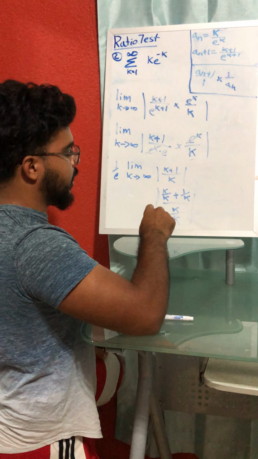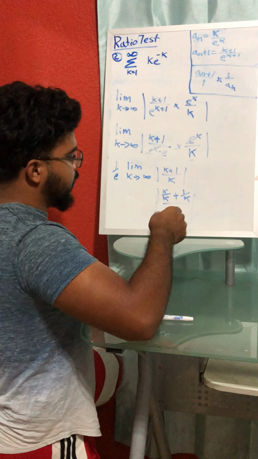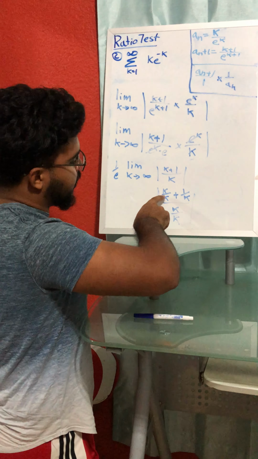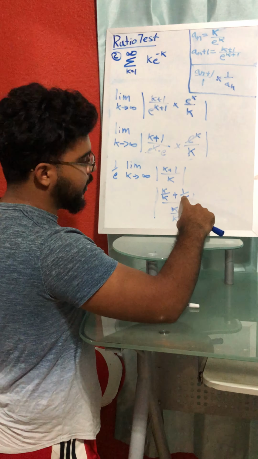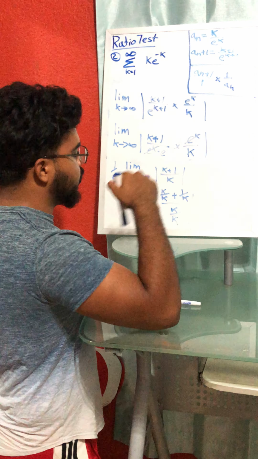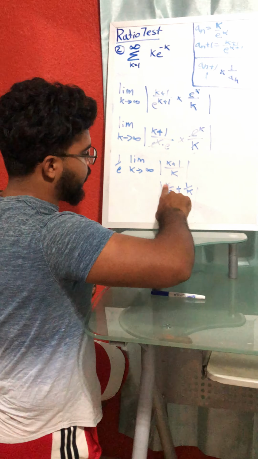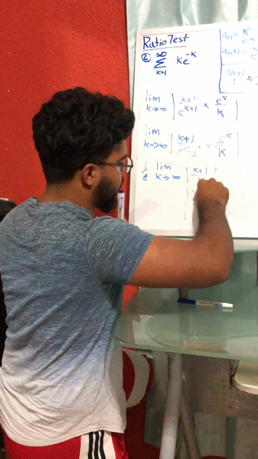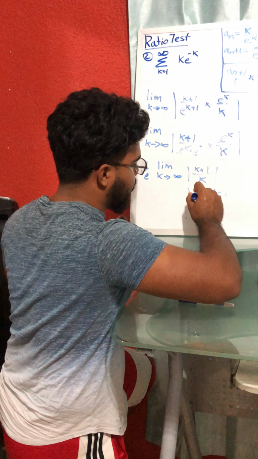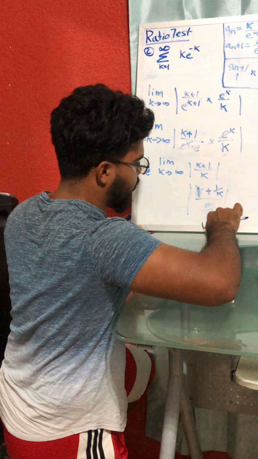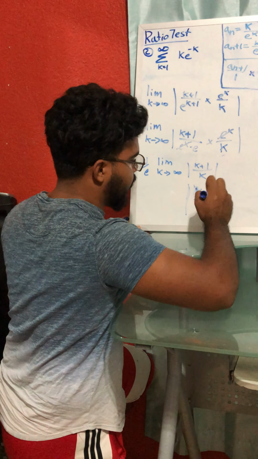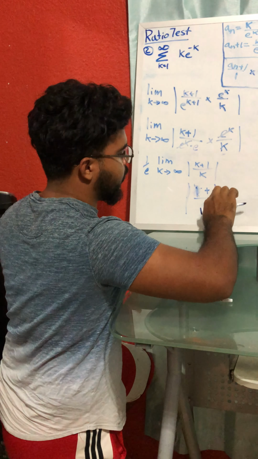Now right here you can see that this becomes 1, this becomes 1, and this becomes 0. So I will rewrite this now as 1, and this becomes 0.